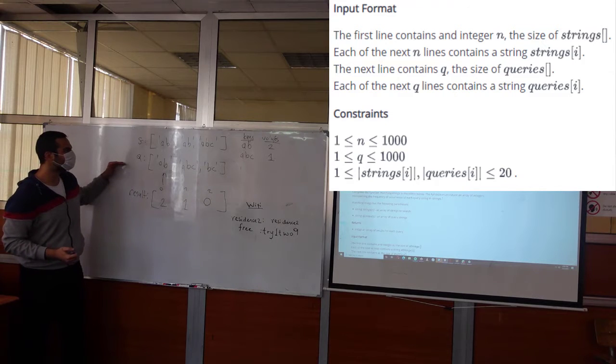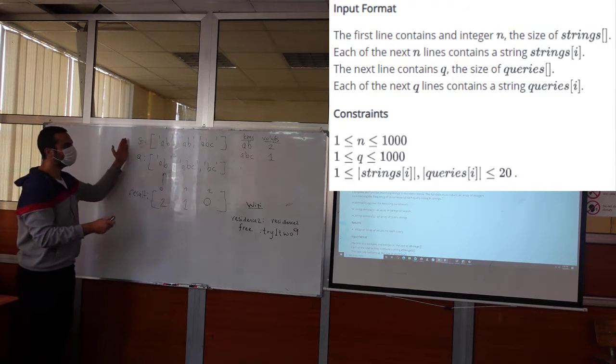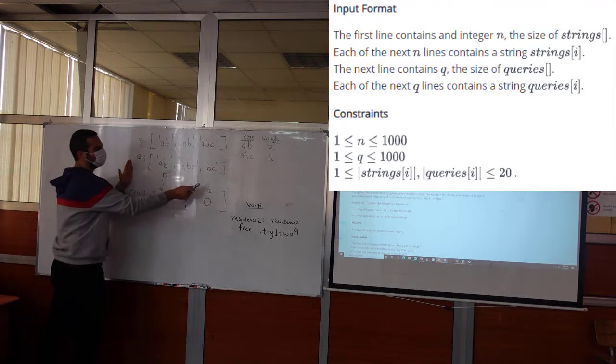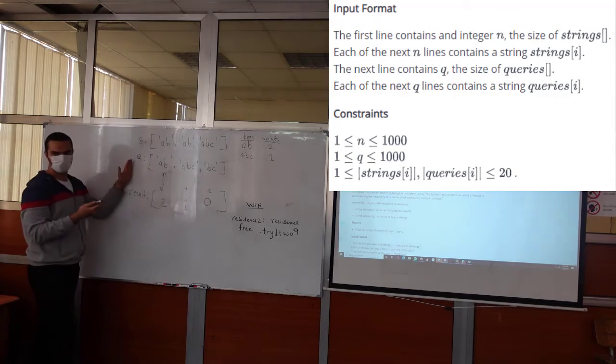And for time complexity analysis, I think since we just look through this array only once, and for checking once, it's going to be O(n).